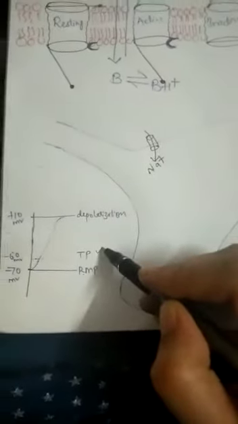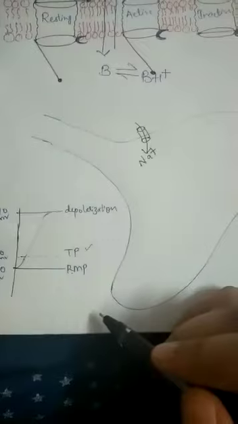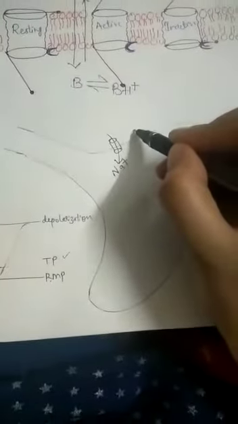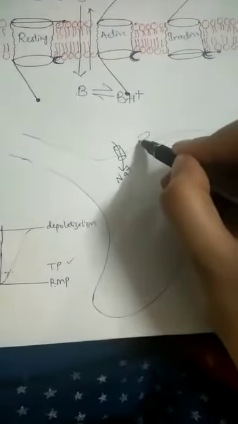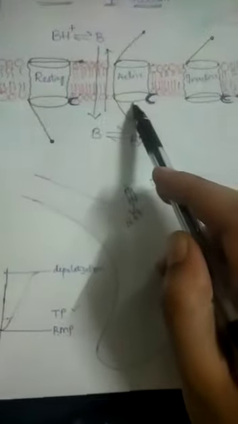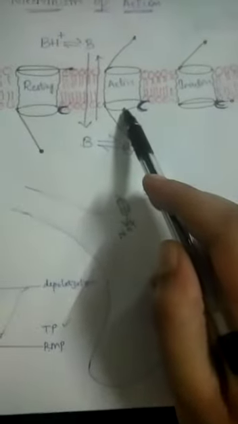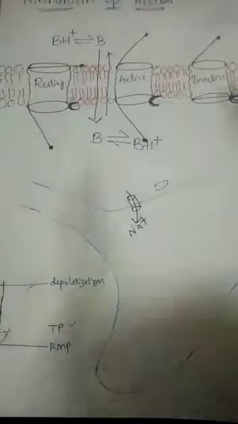Once this neuron attains the threshold potential, it will cause opening of the voltage gated sodium channel. A typical voltage gated sodium channel looks something like this, as you can see. Normally at the resting stage this sodium channel will be in a resting condition, and once threshold potential is achieved, this voltage gated sodium channel will achieve an active state.